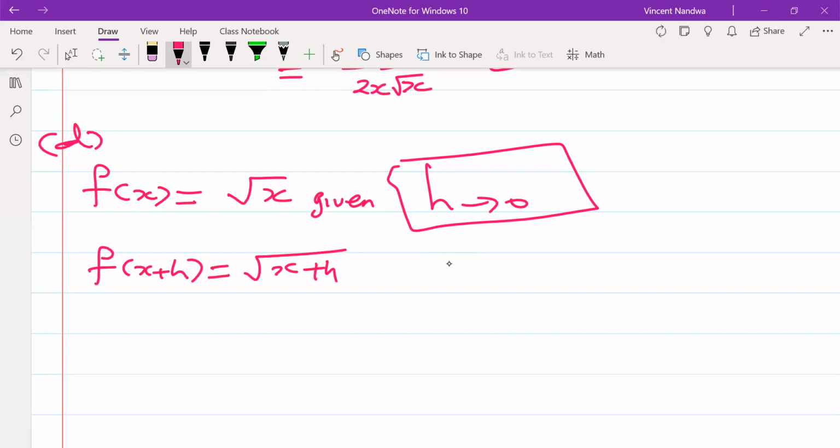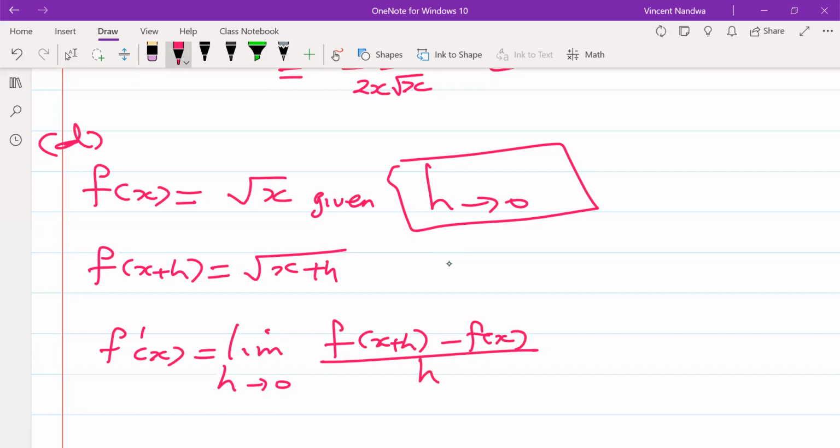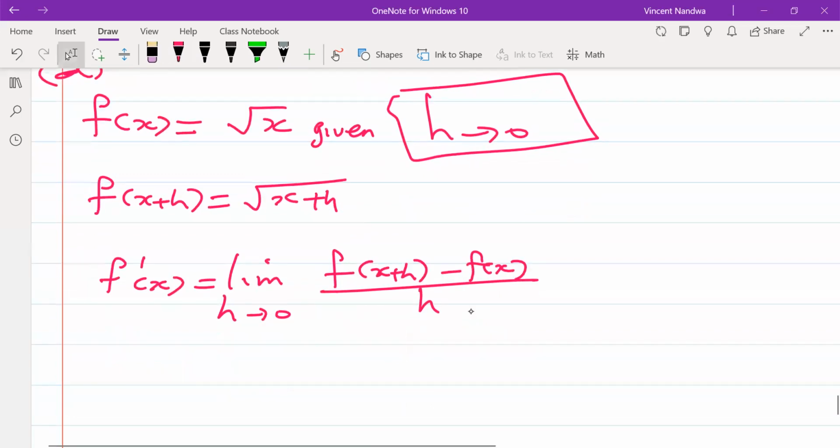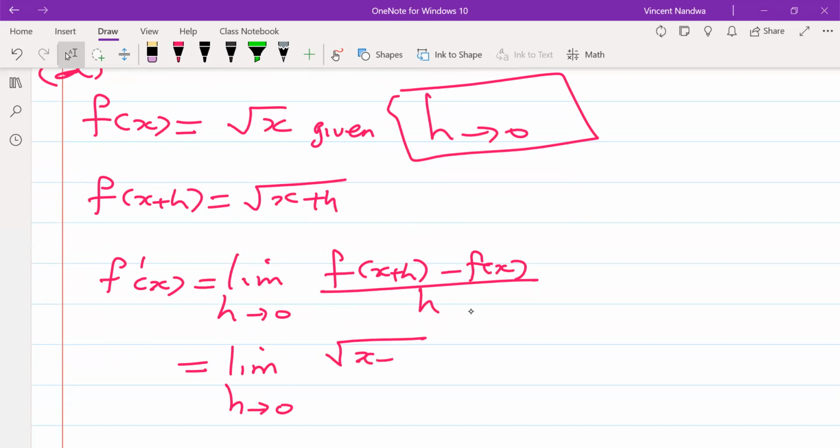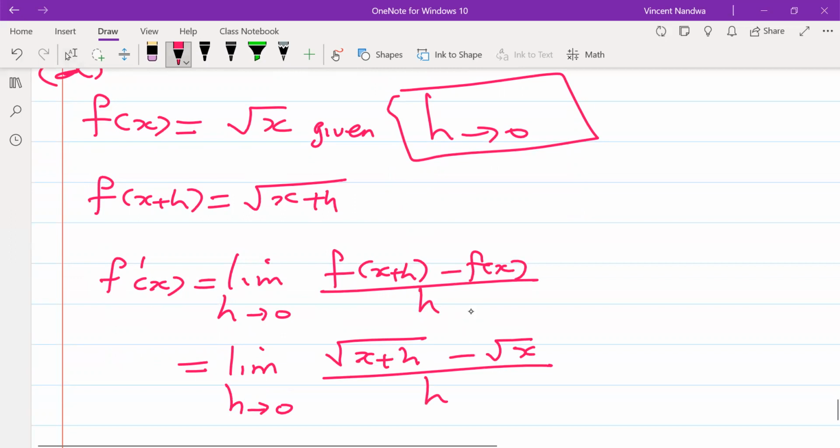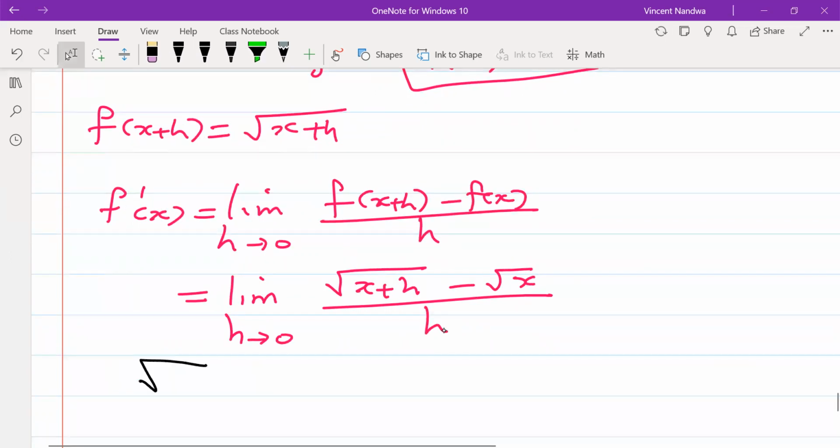So the derivative is the limit as h approaches 0 of f of x plus h minus f of x divided by h, which is the limit as h approaches 0 of square root of x plus h minus square root of x over h. So we are interested in seeing how to simplify this.